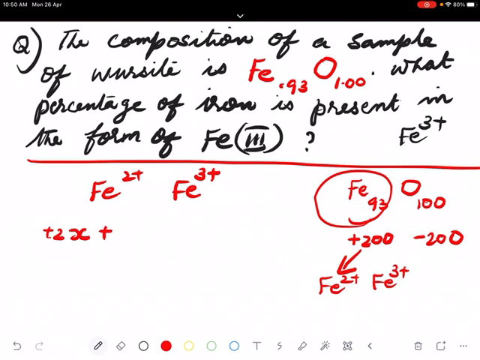And from plus 3, that is 93 minus x will be of plus 3, which is equal to 200.